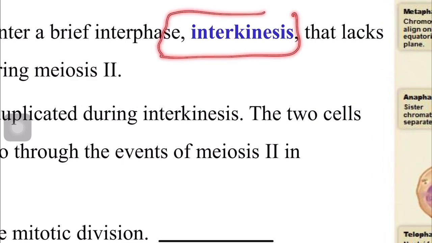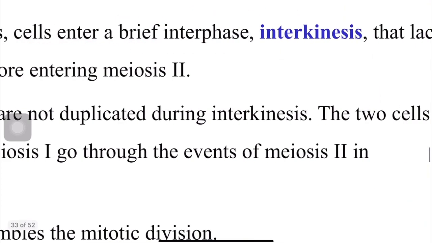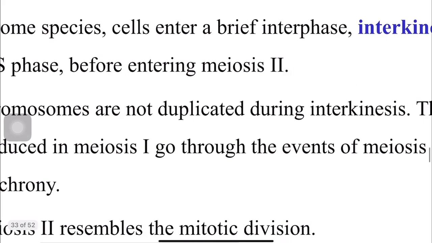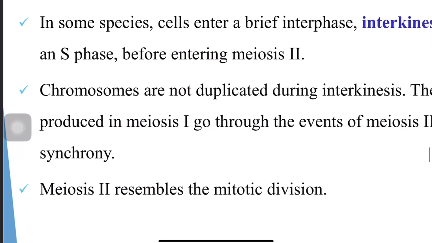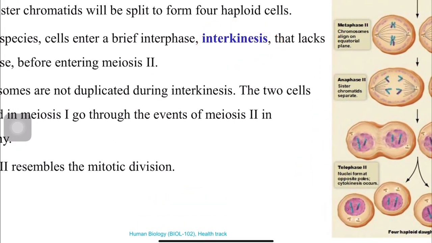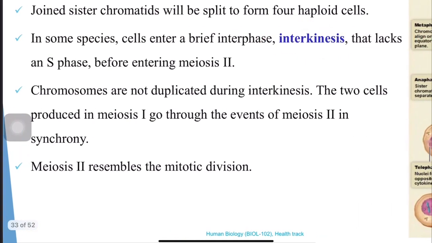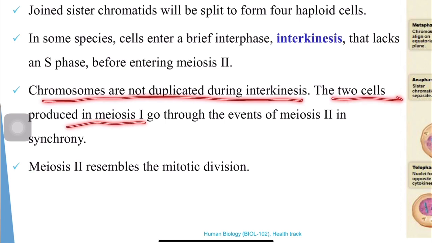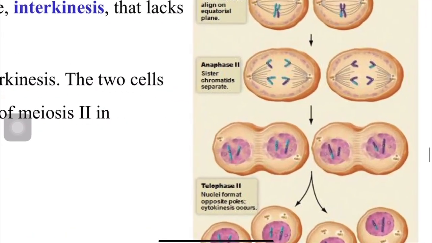It is like a brief interphase, but it lacks an S phase before entering Meiosis II. This is the main thing you need to know about interkinesis. Because it doesn't have an S phase, the chromosomes are not duplicated. The two cells produced by Meiosis I go through the events of meiosis synchronously.